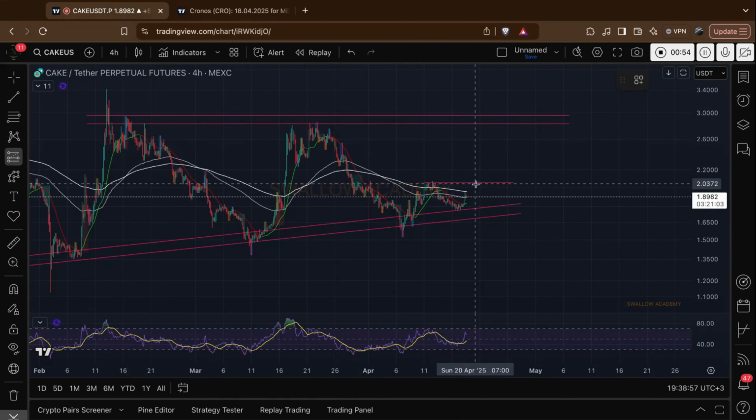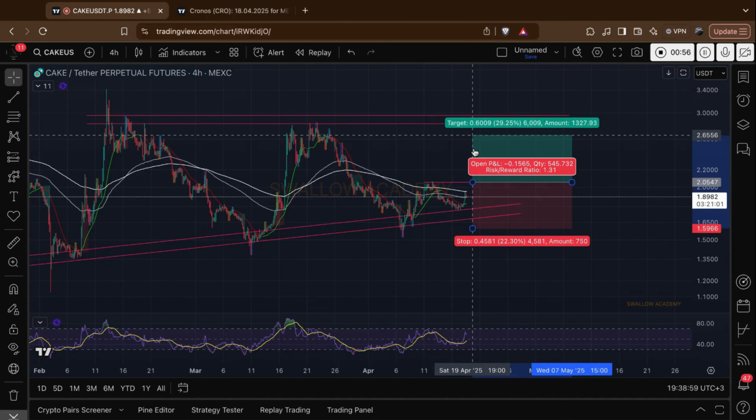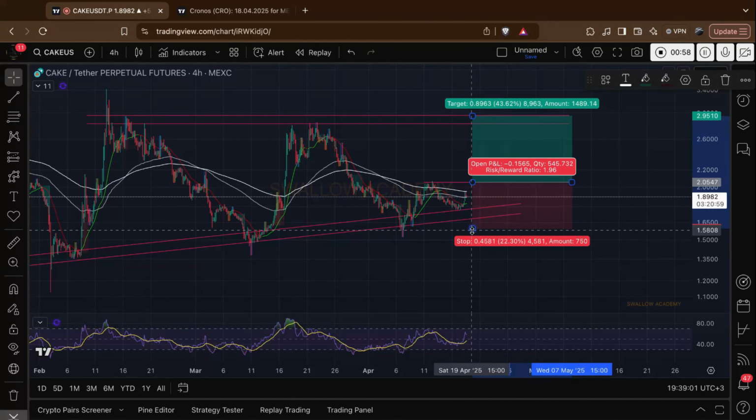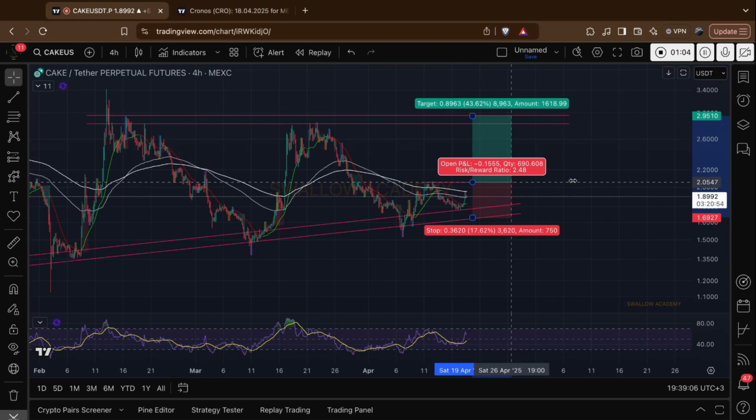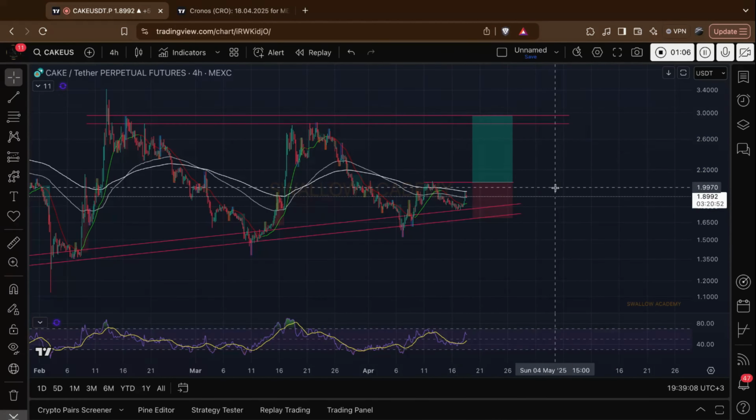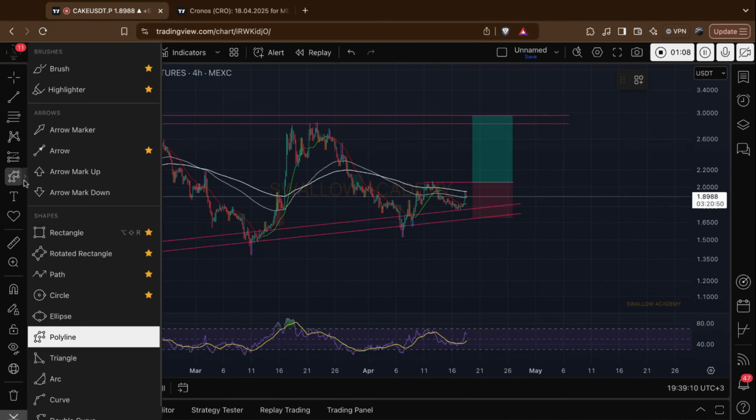go into a long position with stop loss being very tight because we are approaching the end phase of this triangular pattern. And I will explain pretty fast what the triangular pattern means.